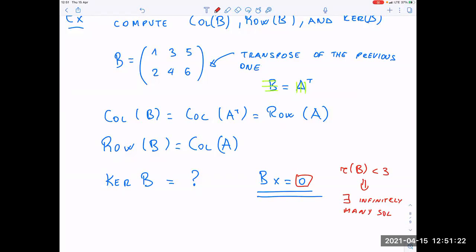It is homogeneous. You will find solutions, and you will find many of them. So the kernel is not going to be the zero space as before. And you find the kernel by row-reducing matrix B and performing the usual operations. Okay, do you have any question or remark?